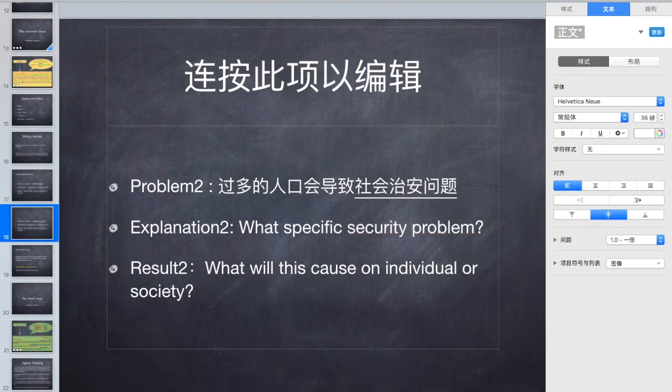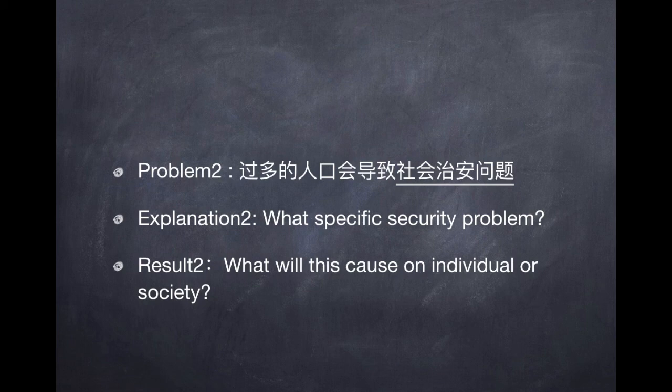Yeah, sorry for that. Just like some specific security problem, and you need to give me a specific result on what kind of individual society has. Just like increasing the juvenile delinquency rate, or other like the shoplifting rate, like this. Whatever, just extend your ideas based on your experience.